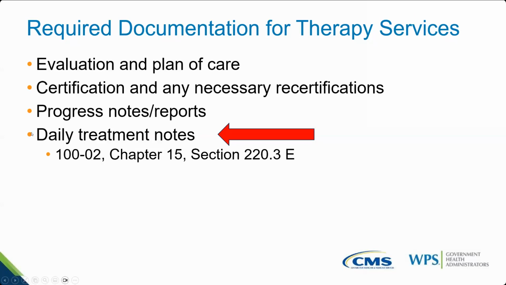And then the last component of required documentation is the daily treatment notes. In that section of the regulation in the Benefit Policy Manual, Chapter 15, is where you can find the specific information about the daily treatment notes.